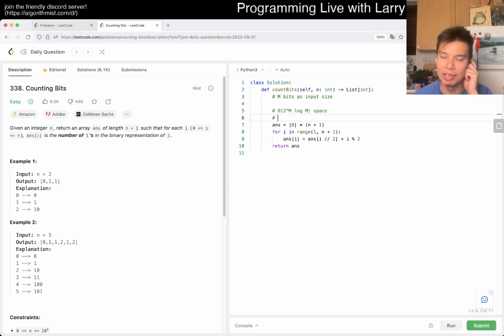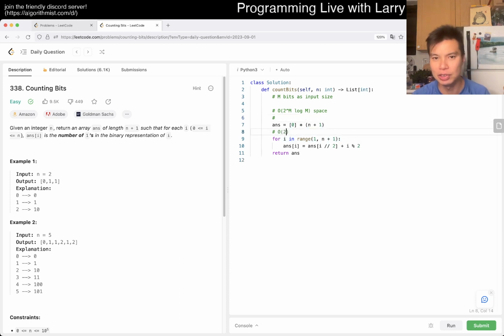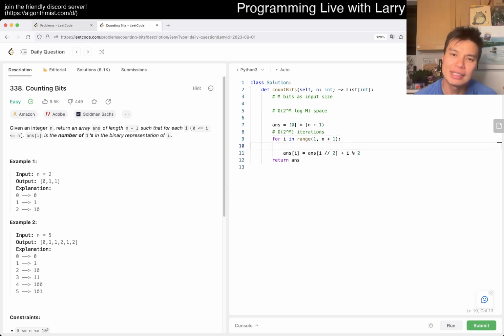And then time. Well, we have a loop here that takes O of 2 to the m iterations. And my motivation is that, okay, so this takes, let's say generously, O of 1. I don't know if you can say that, because technically you can't just look at one bit of a number very easily, like an index to an array.